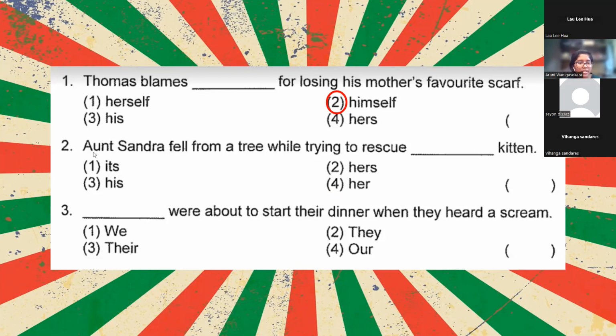The next question is: Aunt Sandra fell from a tree while trying to rescue blank kitten. So what's the answer? Her kitten. Yes. Why is it not hers?